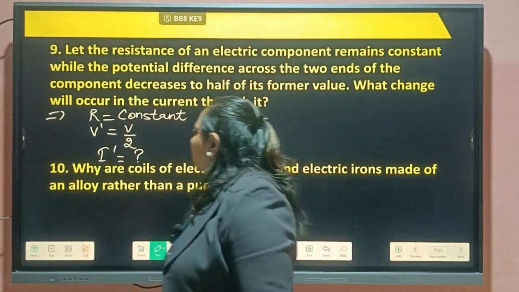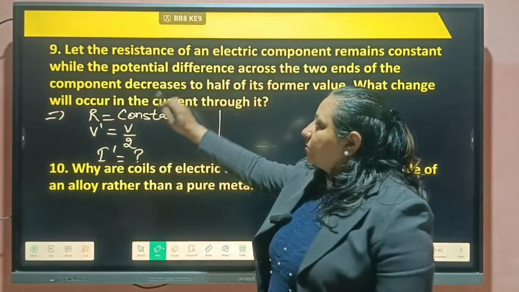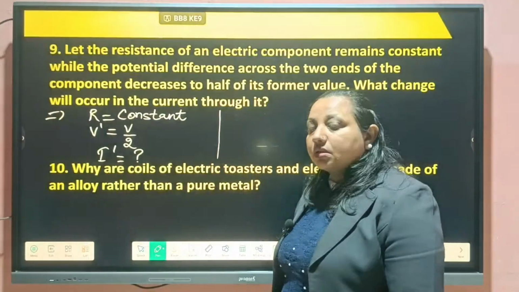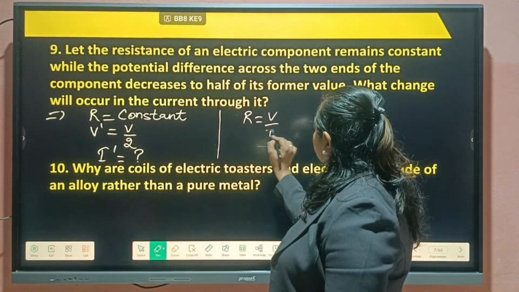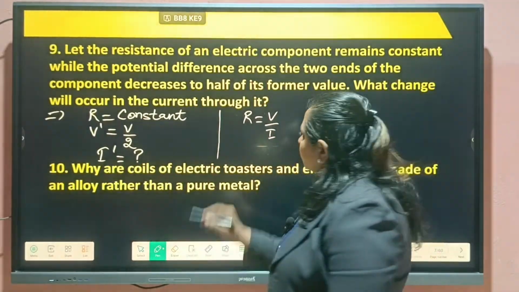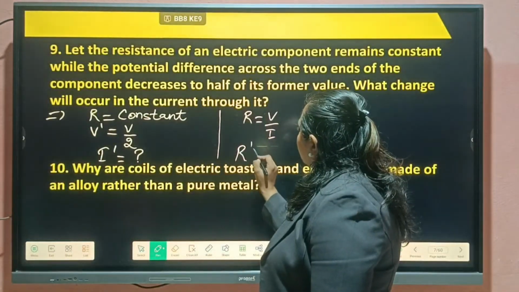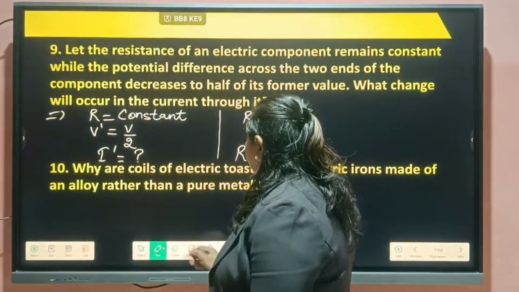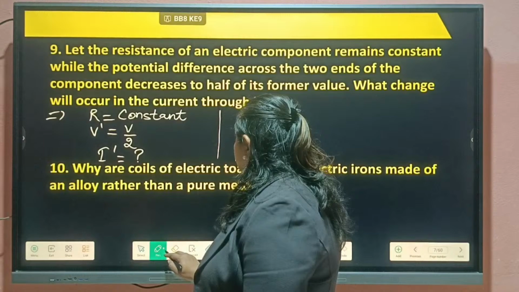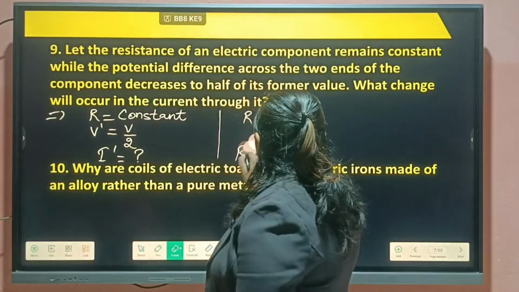अगर आपने पढ़ा है what is Ohm's law? What is the relation between these three: R, V and I, resistance, potential difference and current. R is equal to V over I. ठीक है? R dash क्या हो गया? If we have to find the I dash, और जबकि R same रहेगा, ठीक है? R remains constant.